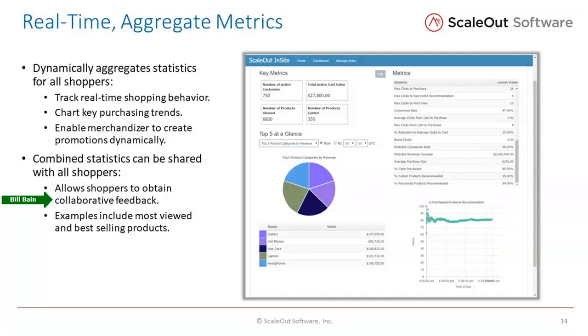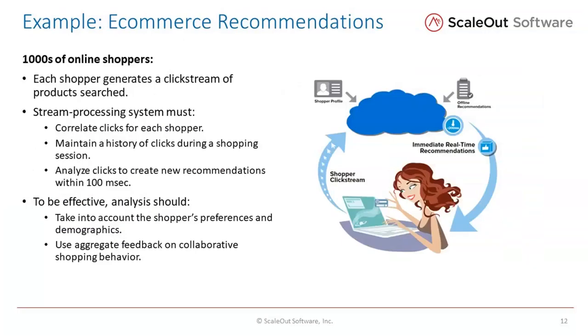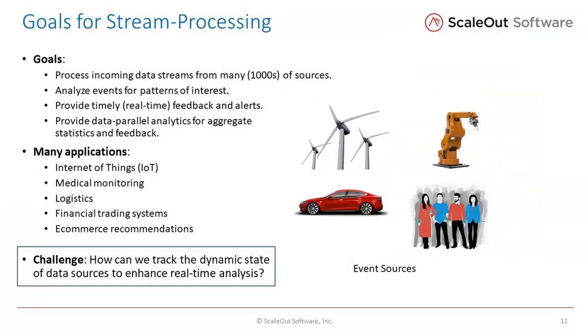So this is an example of stream processing that's addressing these challenges that we saw here of how to track the dynamic state of data sources to enhance real-time analysis. So the question is, how do you implement it? How do you track the state of data sources?